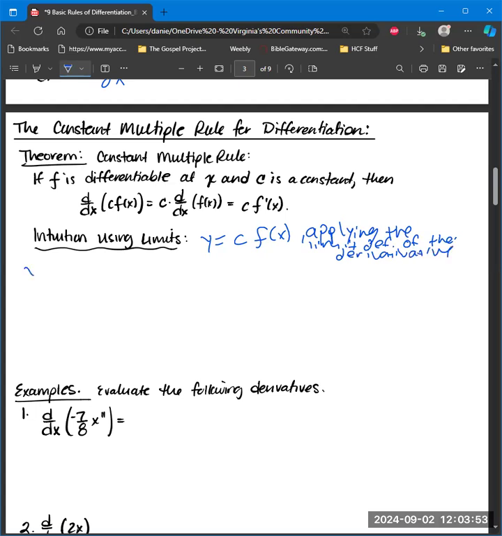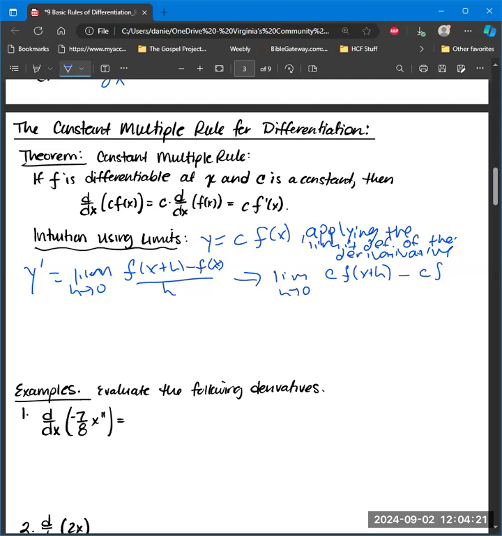We'll get y prime is equal to limit as h approaches 0 of f of x plus h minus f of x divided by h. It's going to give me limit as h goes to 0 of c times f of x plus h minus c times f of x over h.